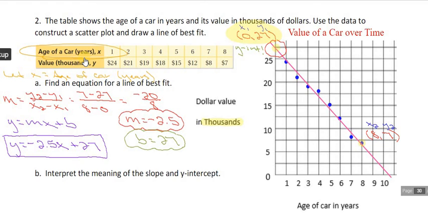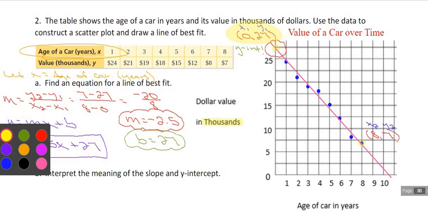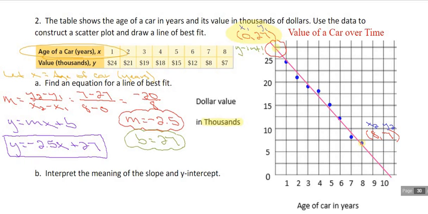And remember, we do have to be very careful in that the y value is talking about the value of the car in thousands. Okay, so let's now interpret the meaning of the slope and the y-intercept.